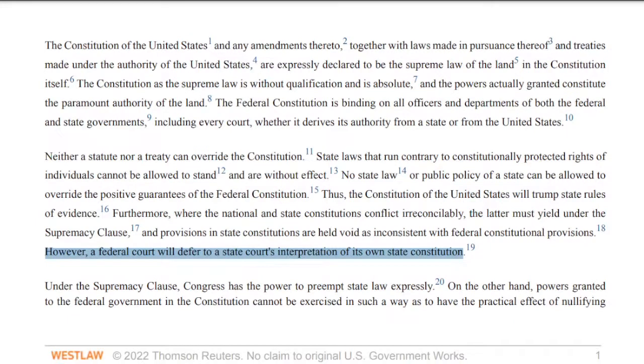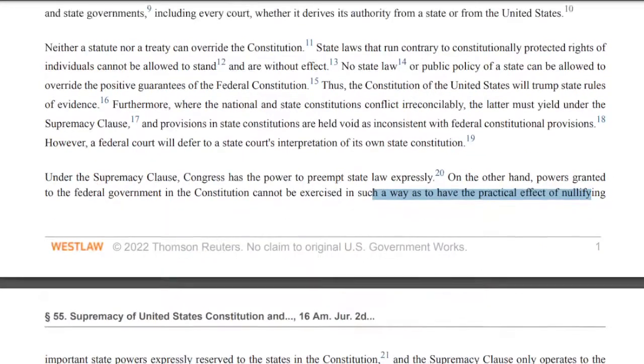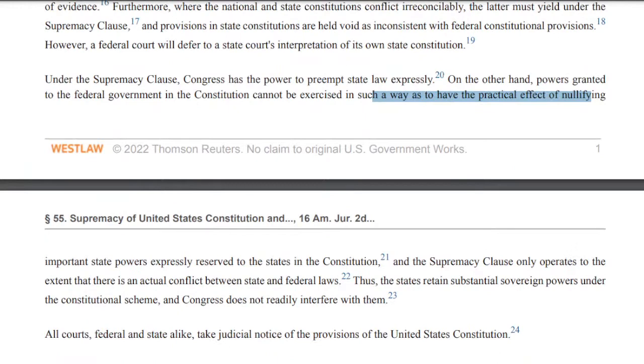All right, let's continue. Under the Supremacy Clause, Congress has the power to preempt state law expressly. On the other hand, powers granted to the federal government in the Constitution cannot be exercised in such a way as to have the practical effect of nullifying important state powers expressly reserved to the states in the Constitution.